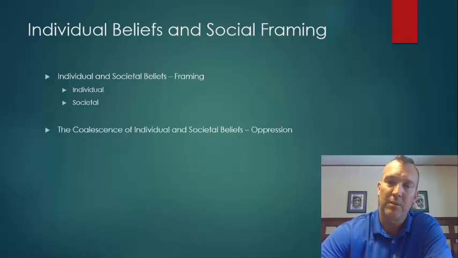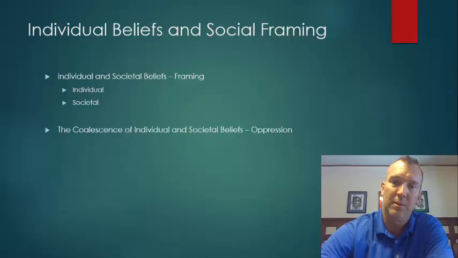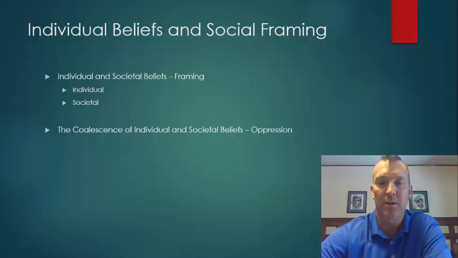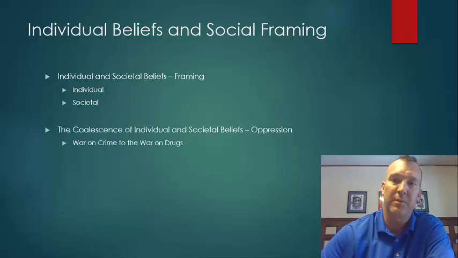It's a direct result of individual views in connection with those larger contextual or societal views that allowed these particular events to take place, and ultimately policies to be instituted that then became systems of oppression.